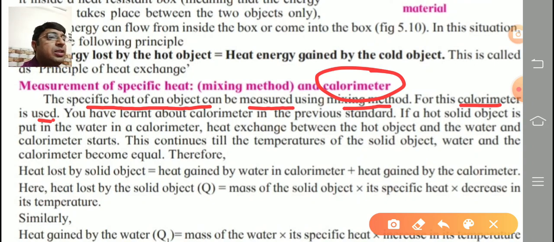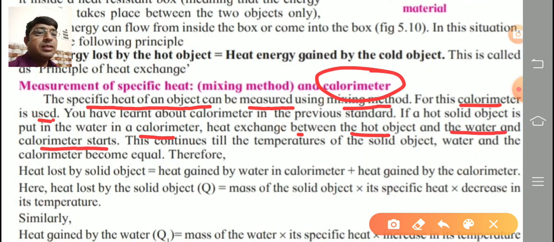If a hot solid object is put in the water in a calorimeter, heat exchange between the hot object and the water and calorimeter starts. This calorimeter is made up of copper. So you draw the diagram of the calorimeter from your previous standard textbook.